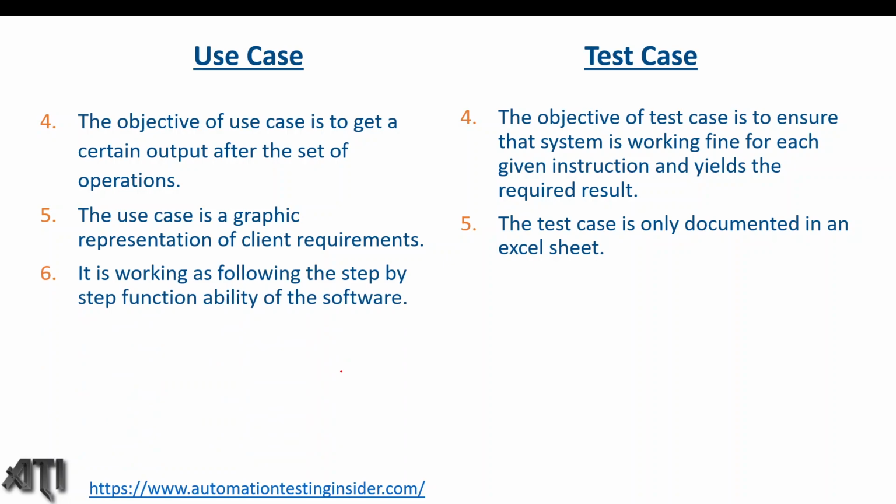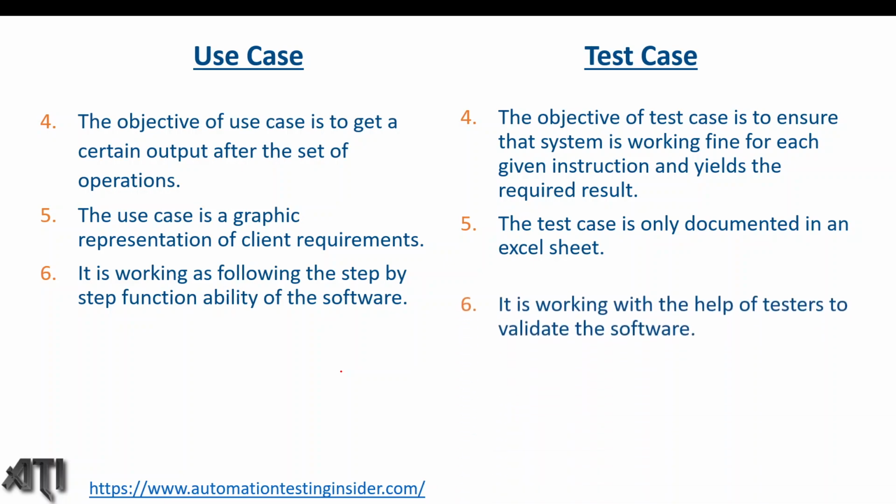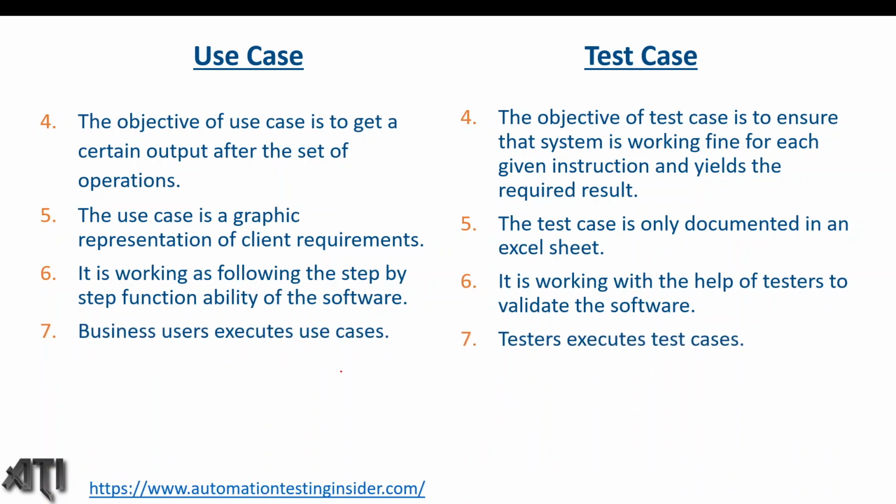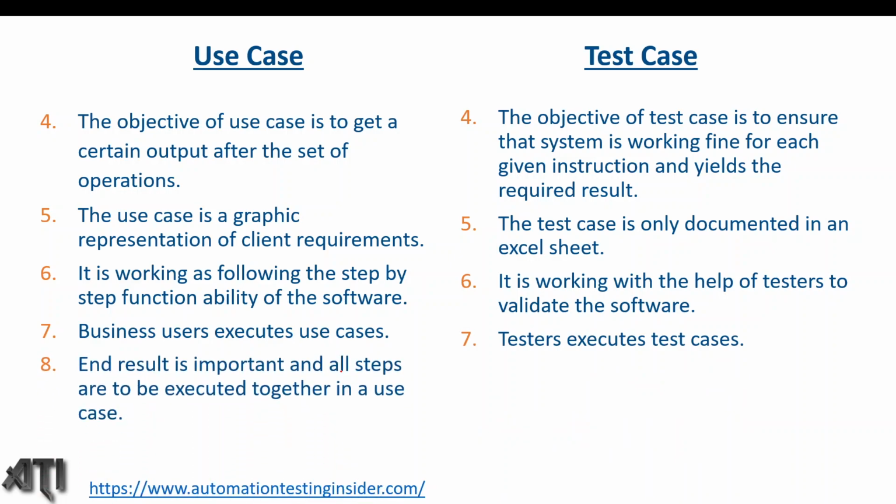It follows the step-by-step functionality of the software. It is working with the help of testers to validate the software. Business users execute the use cases. Testers execute the test cases. In a use case, the end result is important and all steps are to be executed together. In a test case, all steps are important and may have a separate result.